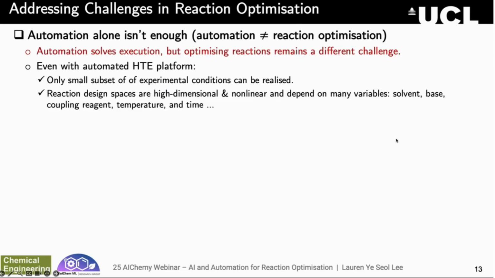So we've seen automation help us run reactions reliably and collect data at scale, but automation alone doesn't solve the optimization problem. Even with high-throughput experimentation, even with automation, we can only test a small fraction of all possible conditions. Reaction spaces are often high-dimensional, non-linear, and depend on many factors like solvents, base, temperature, time, and so on.